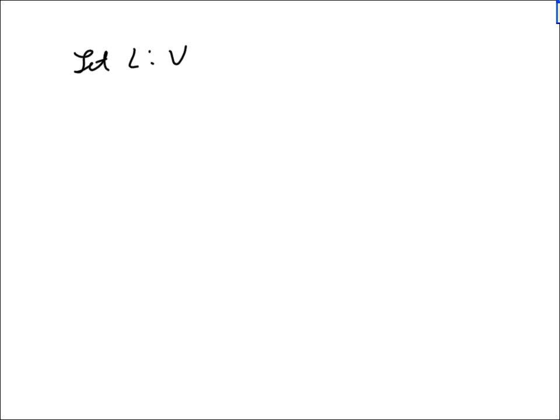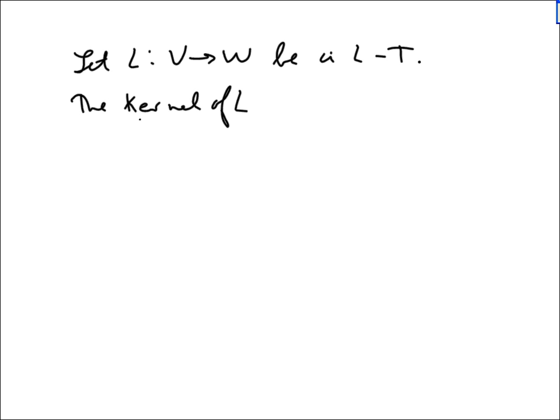Let L, the mapping from V to W, be a linear transformation. The kernel of L is a subspace of V. Well, for now we'll call it a subset.